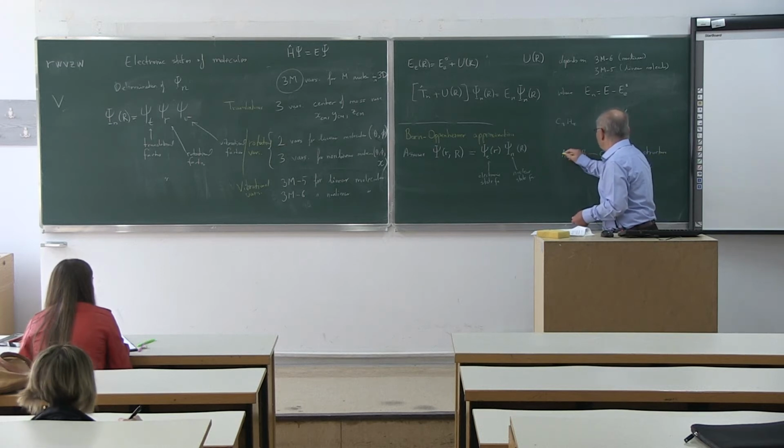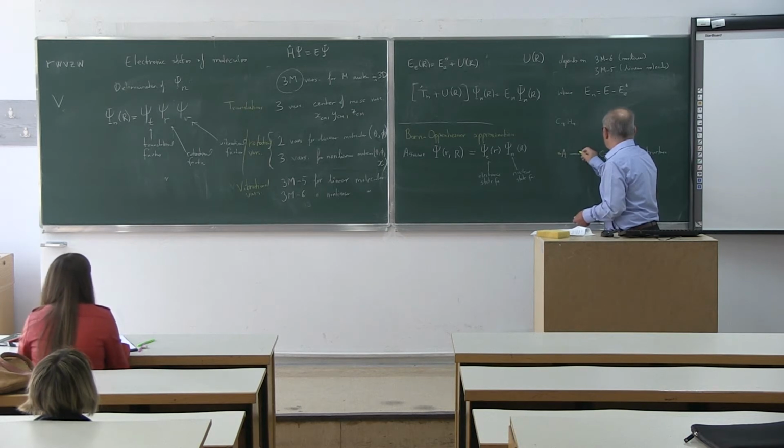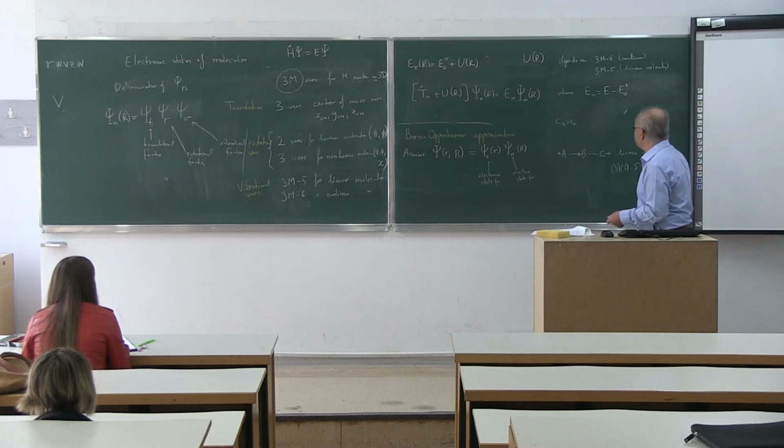Now, assume this bond is stretching outward, and this one is also stretching outward. Then if B is different from A and C, one possible vibration could be like this.